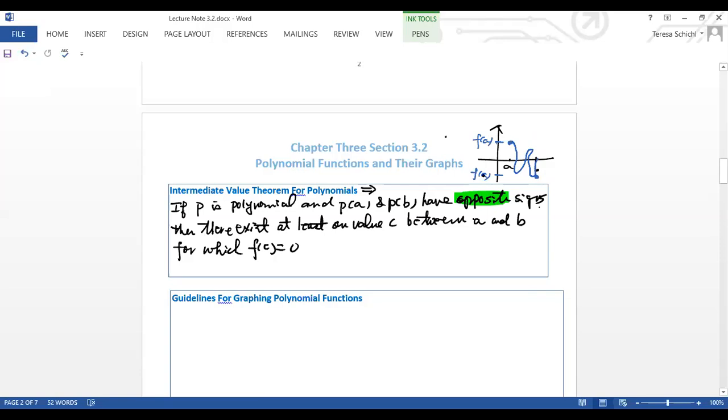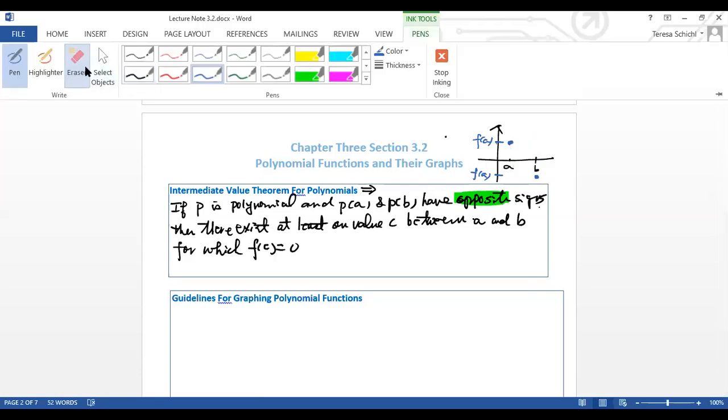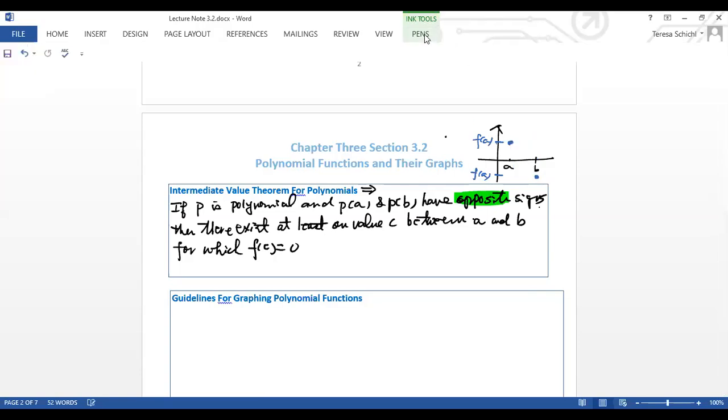In order to reach from a to b, you have to pass the x-axis, because a polynomial is continuous and cannot break.